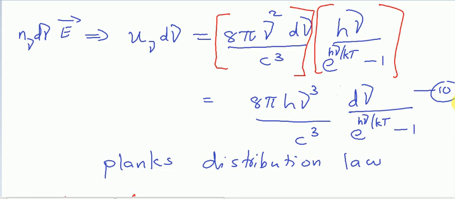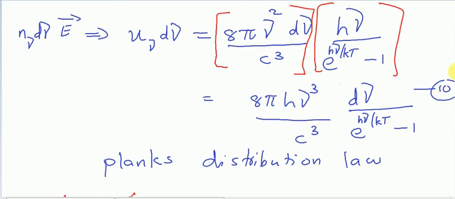This explains both the lower frequency side and higher frequency side of the black body radiation spectrum. So according to Planck's distribution law, the energy density of oscillators in a frequency range ν and ν plus dν is given by 8πhν³ divided by c³ dν divided by e to the power hν by kT minus 1.